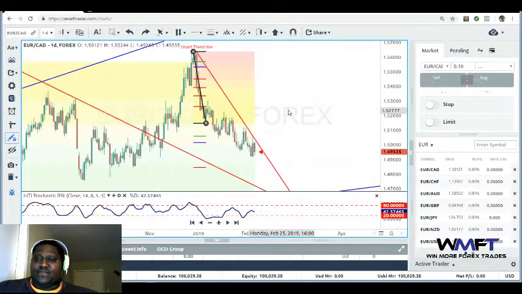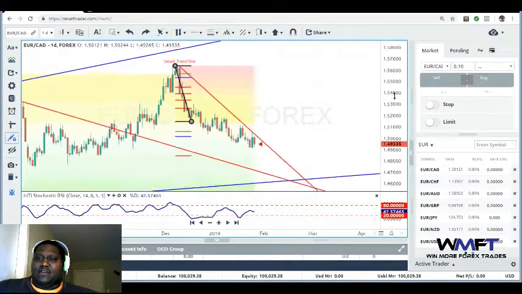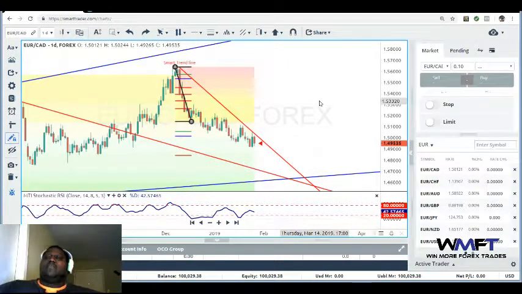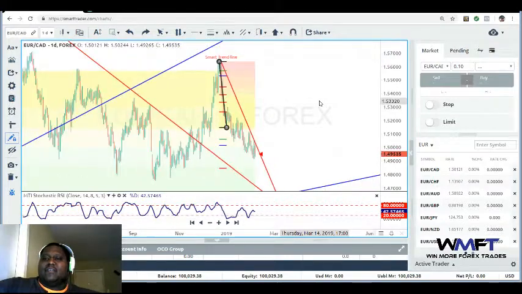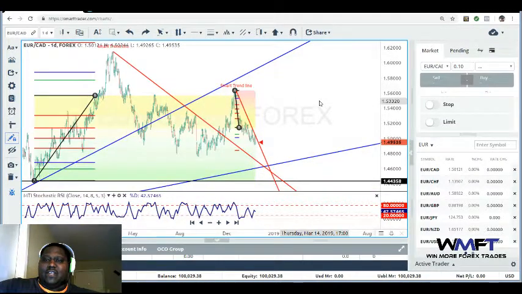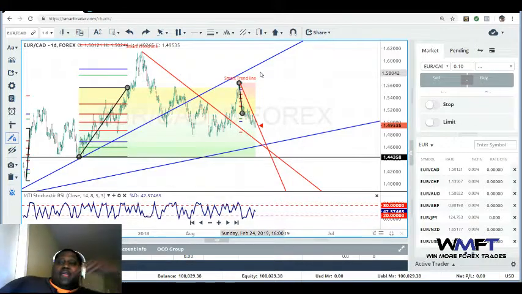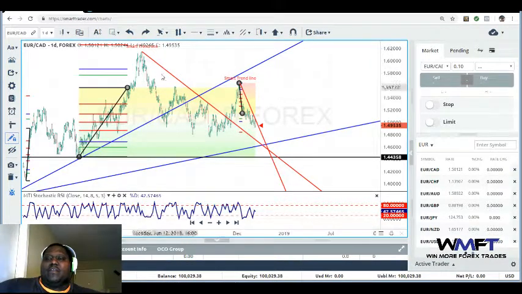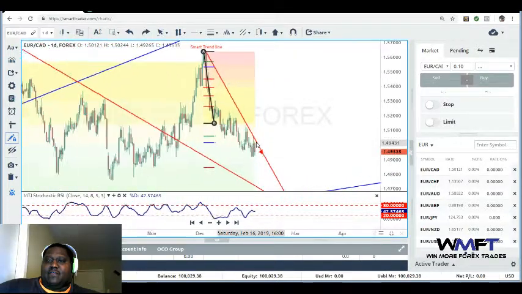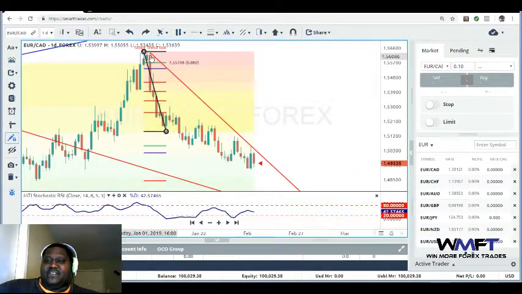So right now we're kind of undecided on the daily time frame, EURCAD, but the direction is bearish on the weekly. We did break an up inner trend line, and we broke the downtrend line, but we look like we're going to test the backside of this downtrend line, and the market is currently respecting this new downtrend line that the market has just formed.